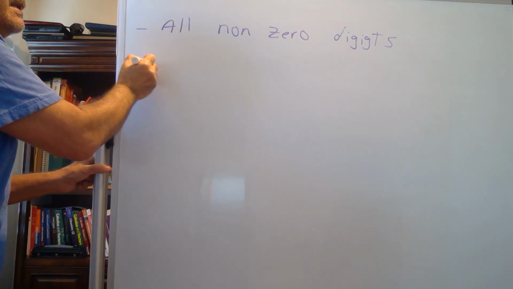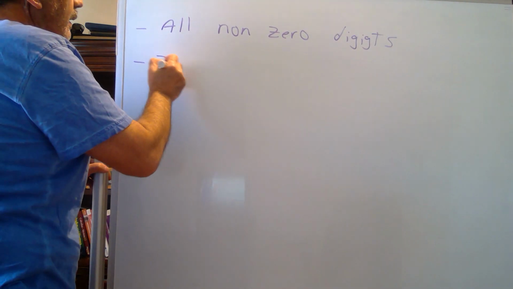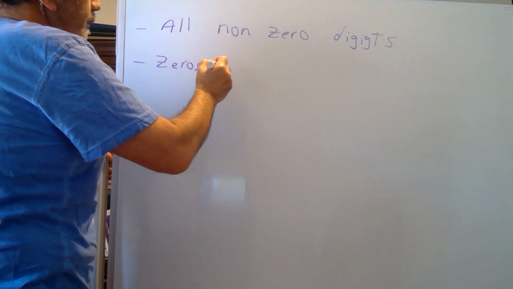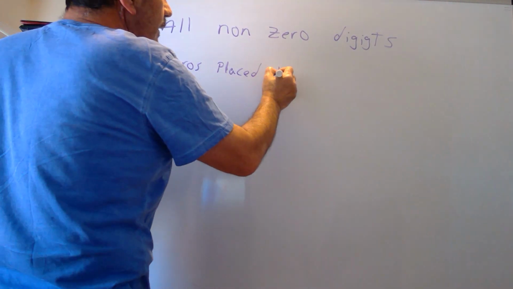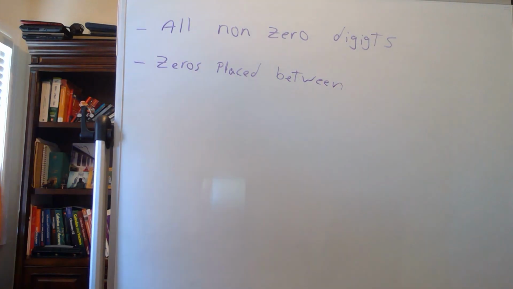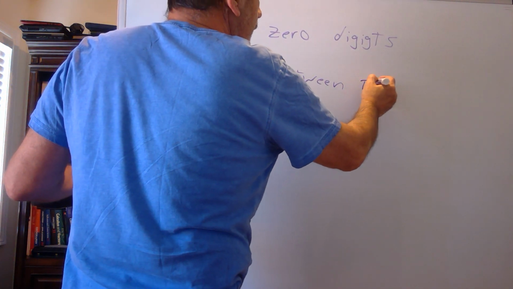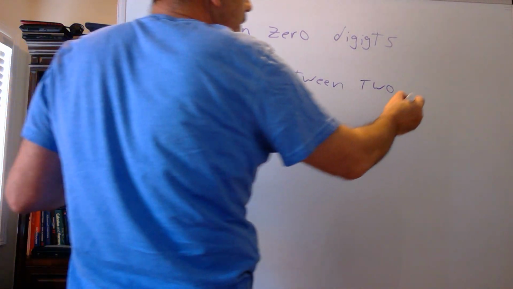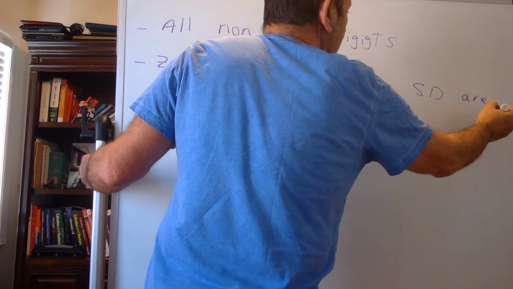All non-zero digits are significant, and zeros placed between two non-zero digits, or two significant digits, are significant.